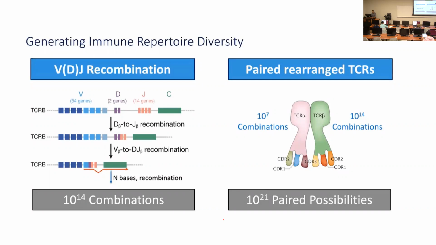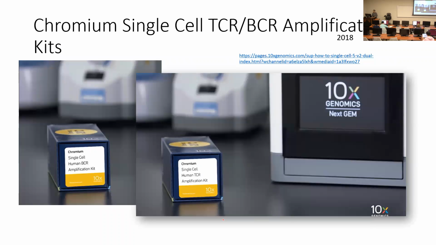Okay, in order to do that, 10x Genomics has this amplification kit released in 2018. Before that, it would be very difficult to have that information at a single cell level. So you may have pooled samples and then using deep sequencing, you can get some of these arrays, and you may want to classify these arrays and group them and look at the frequency.